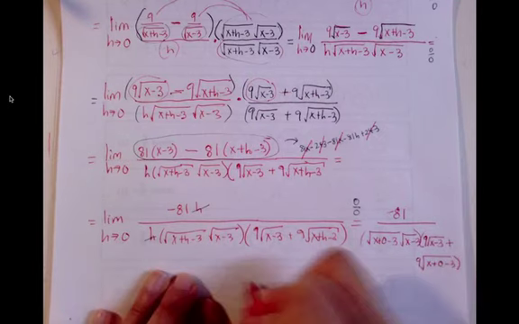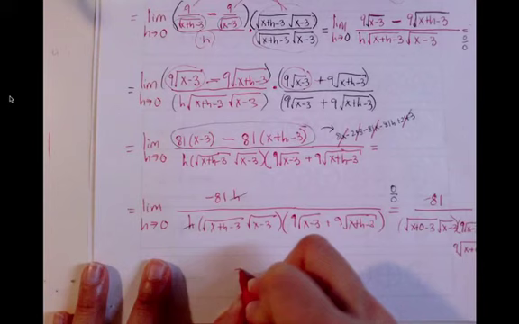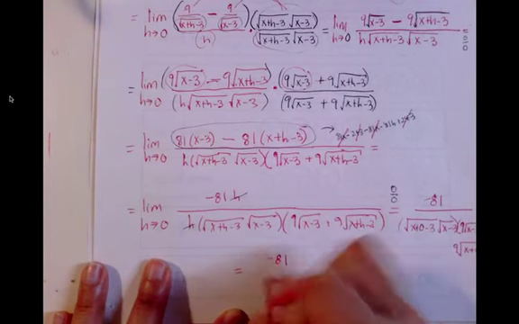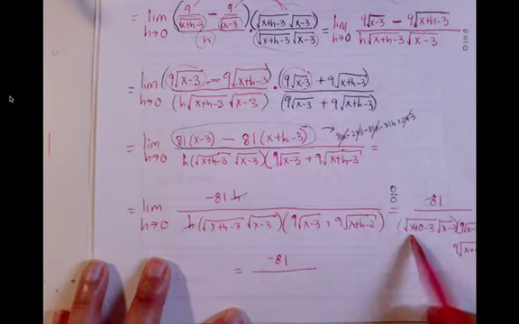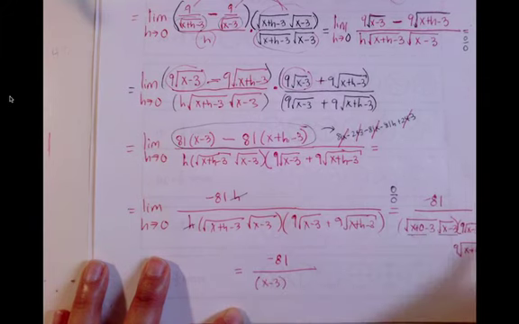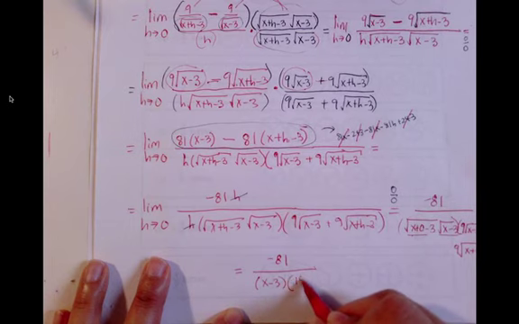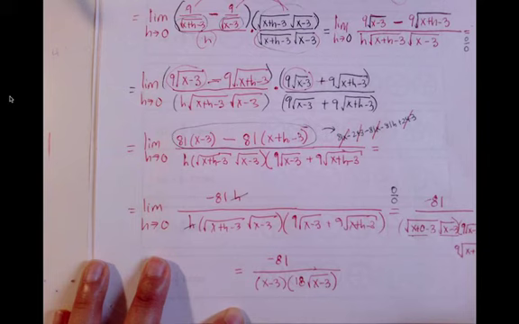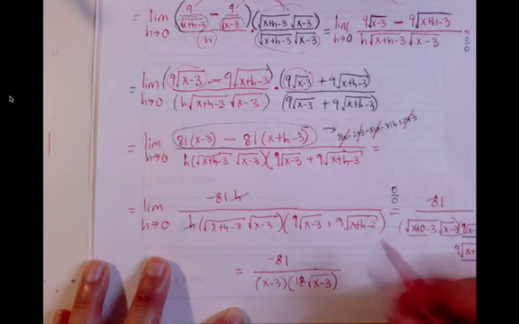And that's going to simplify to negative 81 over, this will give me x minus 3, this root times the root, and then I have times 18 square root of x minus 3 given by these two terms.